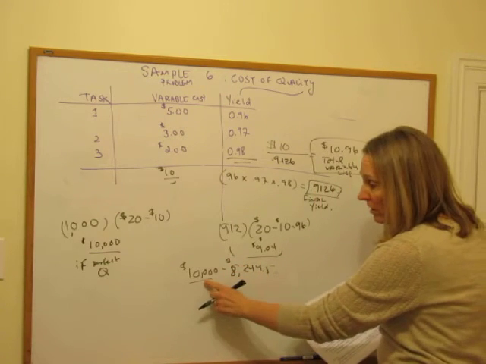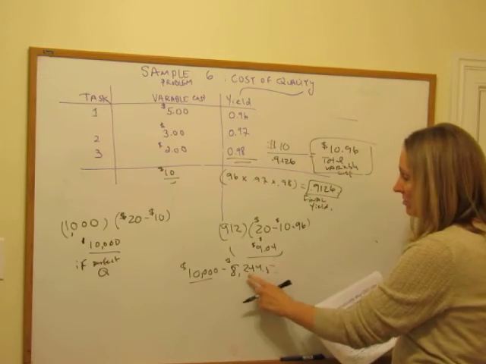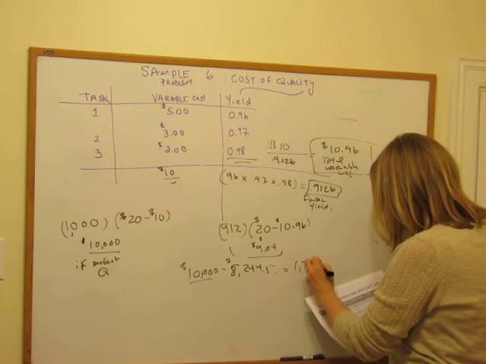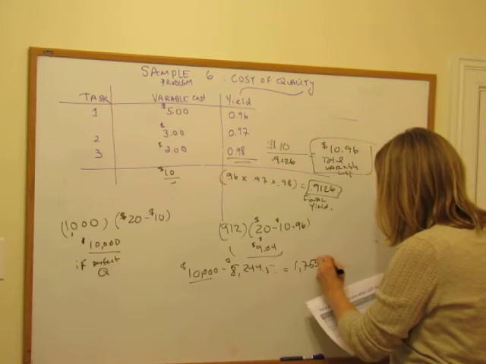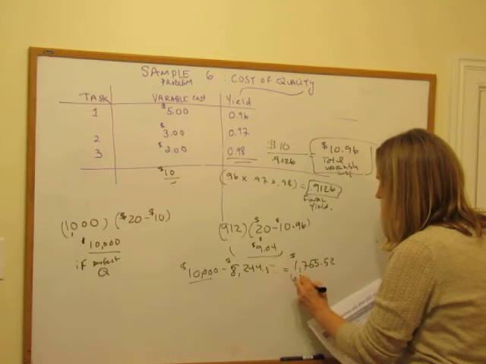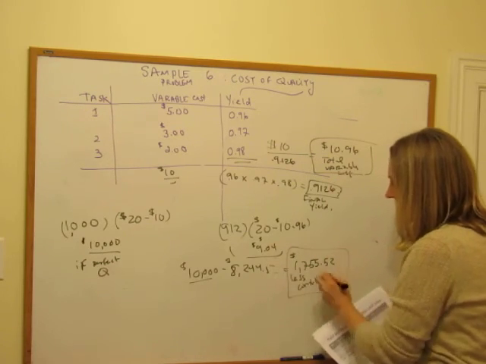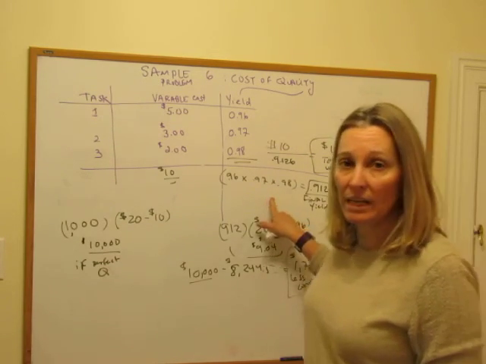So the cost of quality is the 10,000 minus the 8,244.5, for $1,755.52 less contribution due to the cost of poor quality. So that's the answer if inspection was only at the end.